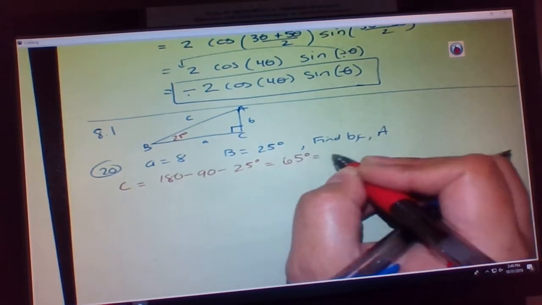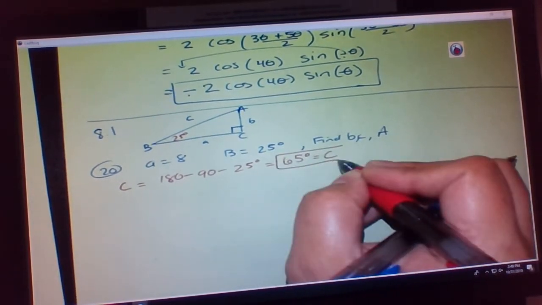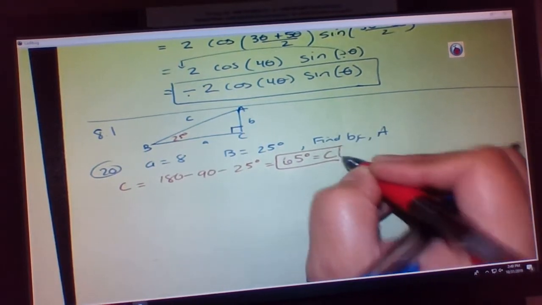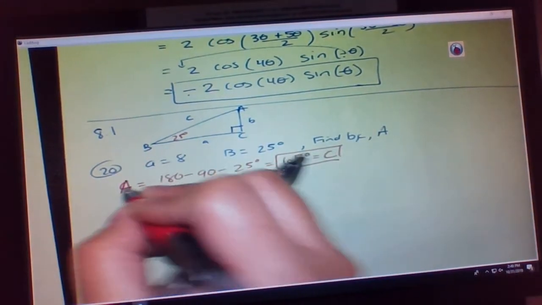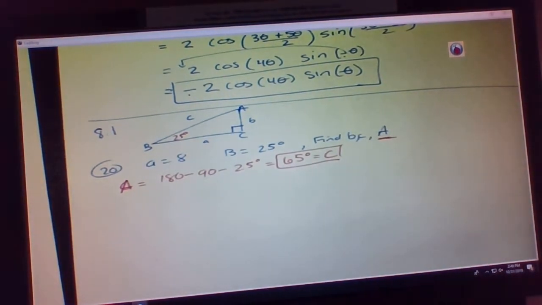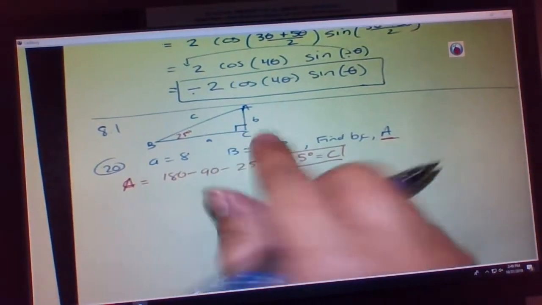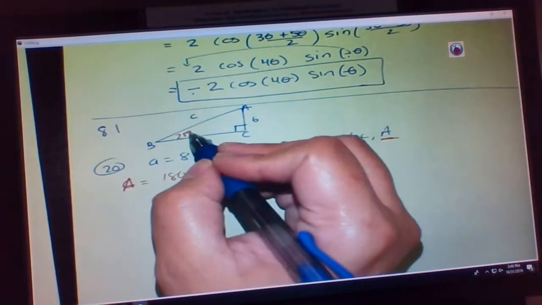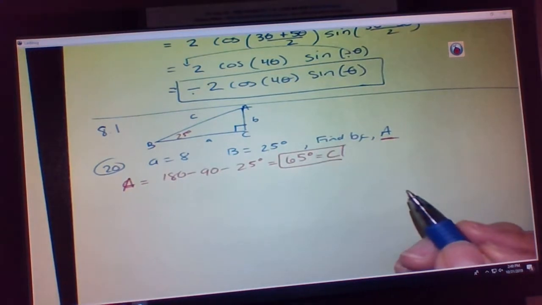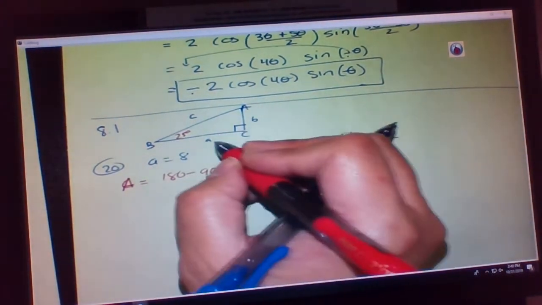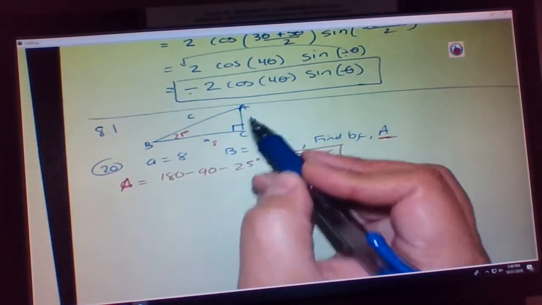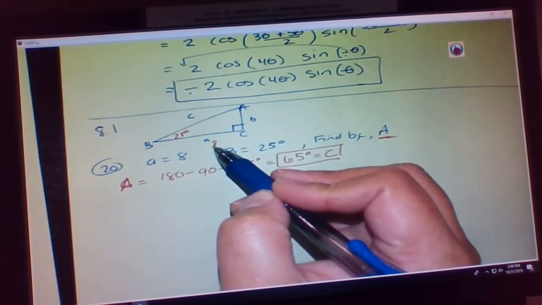65. So this is angle C. That's what you were looking for. Now, in order to find little b, here's little b, and they give you that this is 25, and they tell you this is 8. I could use opposite over adjacent.